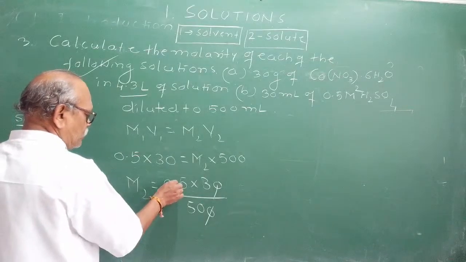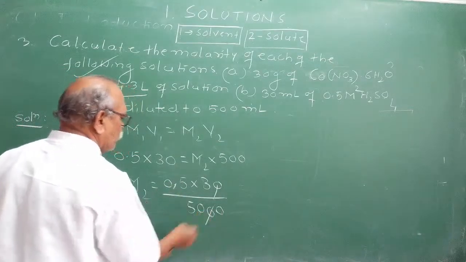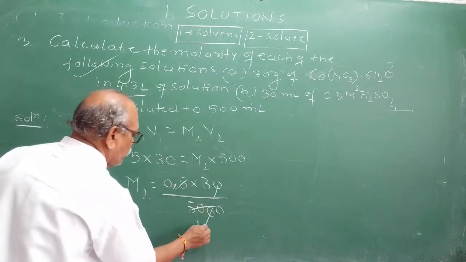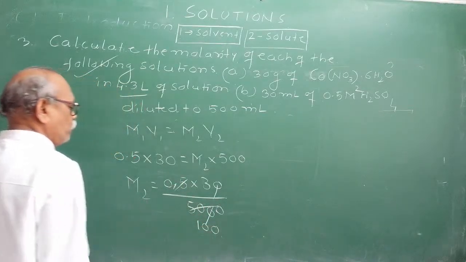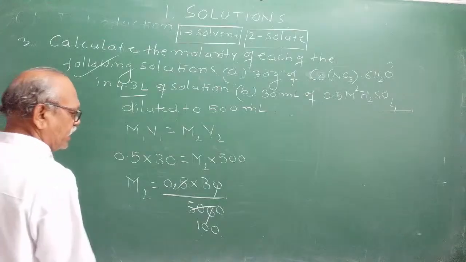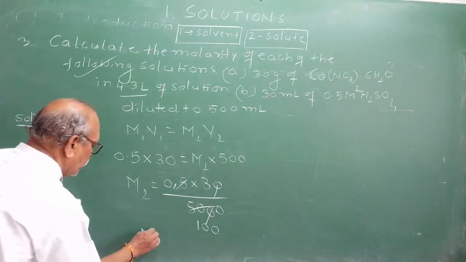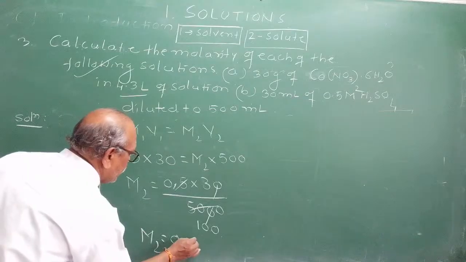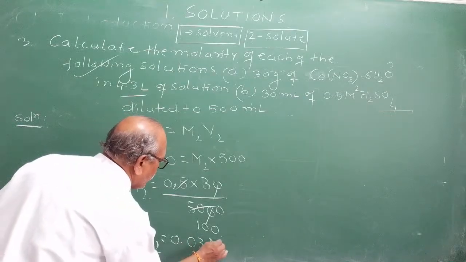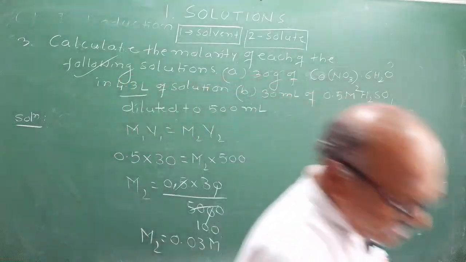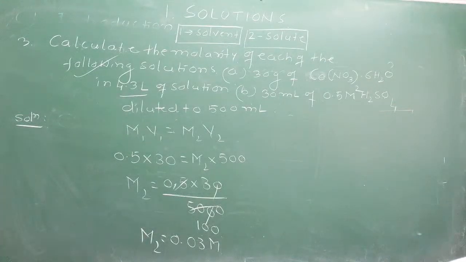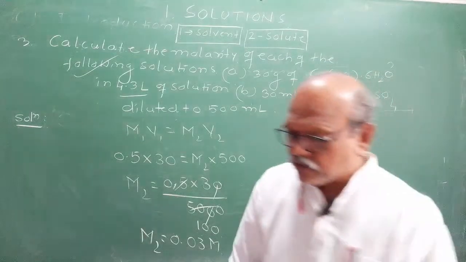Even you can cancel this point also to get another 0. 5 ones are 5, you will get 100. 3 upon 100, M2 will be 0.03 molar.